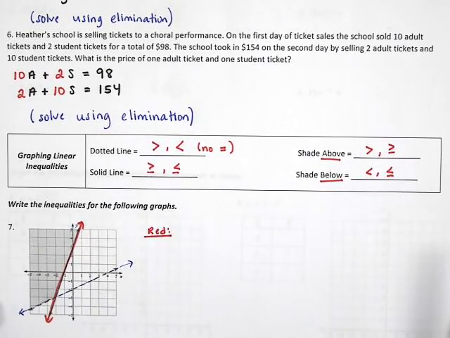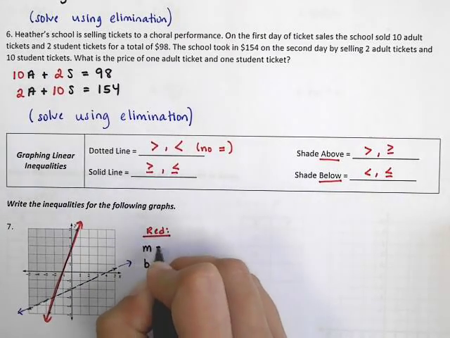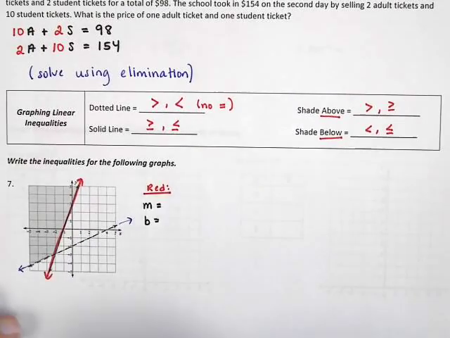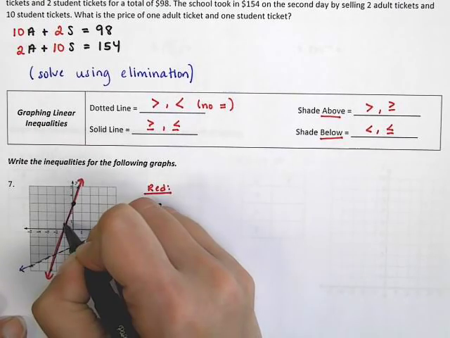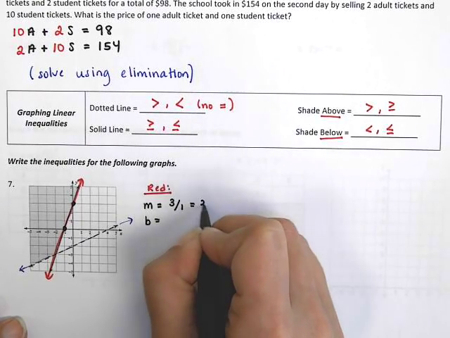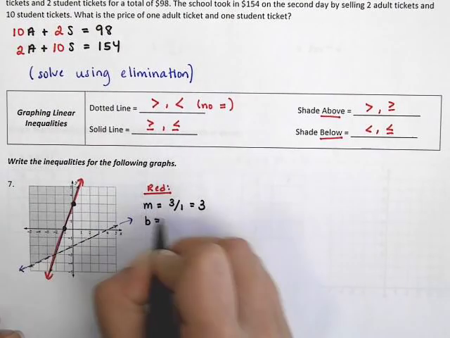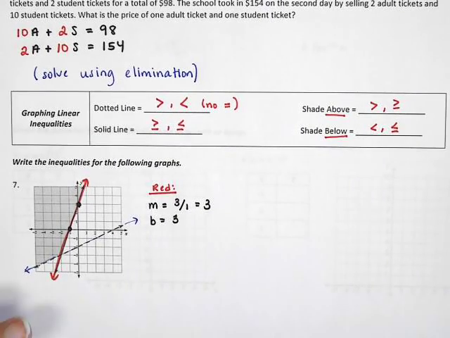For the red line, the slope of that line and the y-intercept are things that I need if I want to write the inequality. So the slope would go from here to here. So I would rise 3, run 1, which just simplifies to 3. Now the y-intercept is also 3 because it crosses the y-axis at 3.